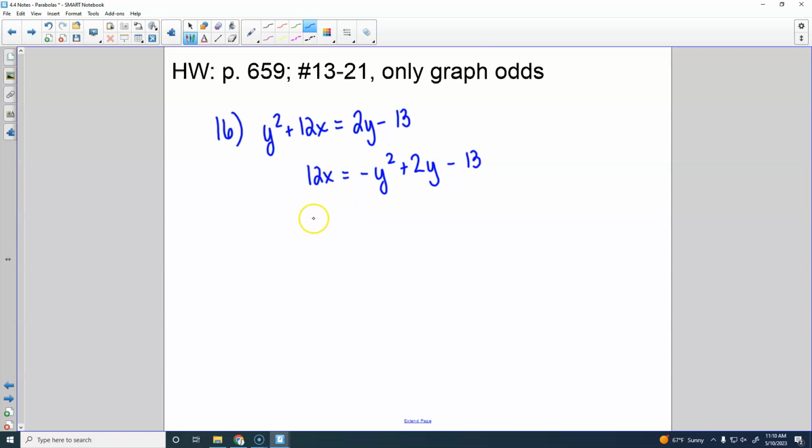So we're just going to leave this like it is, and we're going to complete the square over here on the right-hand side. So I do have that negative right there. I want to factor that out. So I've got that negative 1 times y squared minus 2y plus blank minus 13 minus blank.